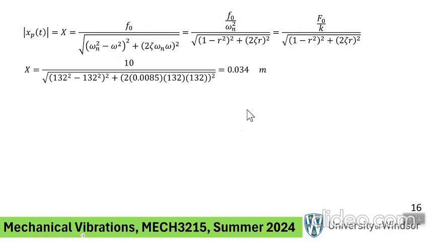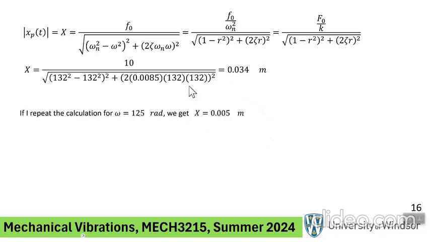You get 0.034. I can find the theta too, but that's really not what I'm going to do, because I want to show you what happens if the driving frequency is a little bit smaller. For example, instead of 132 rad per second, let's say 125 rad per second.